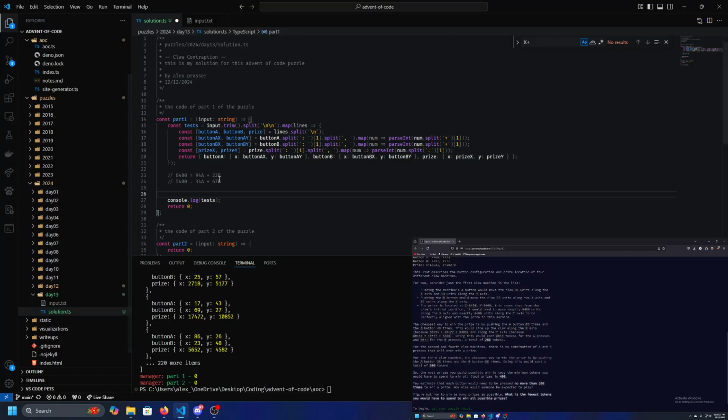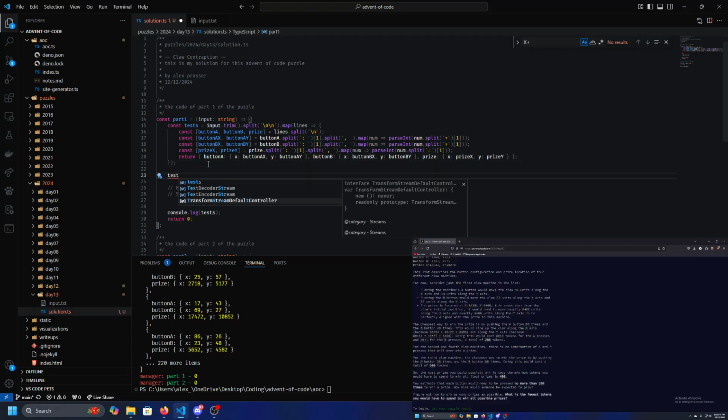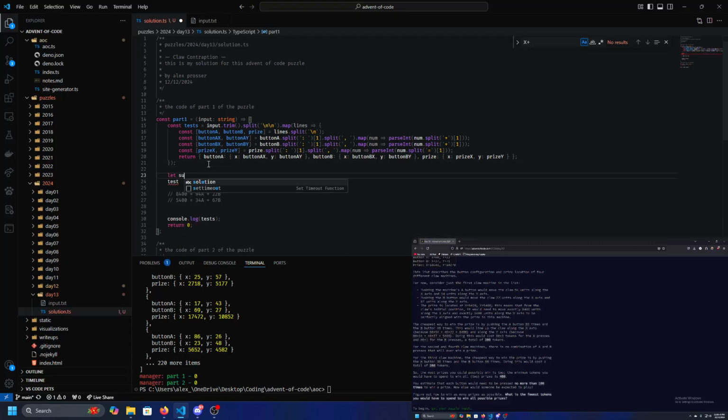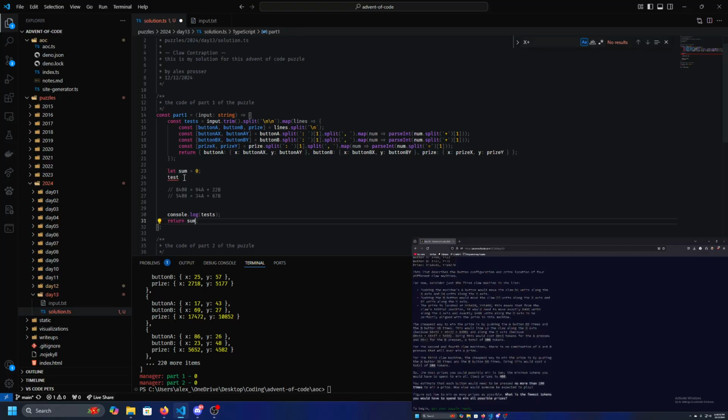And then that's what I thought. I just don't know how to solve that. I don't know how to actually implement that in code. I could do it by hand.